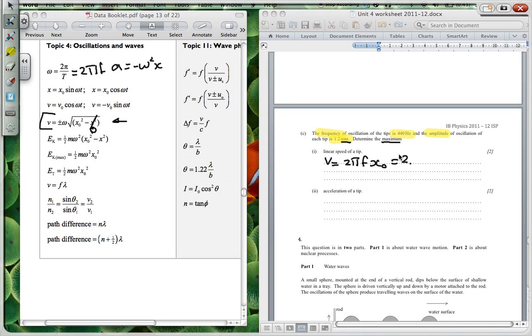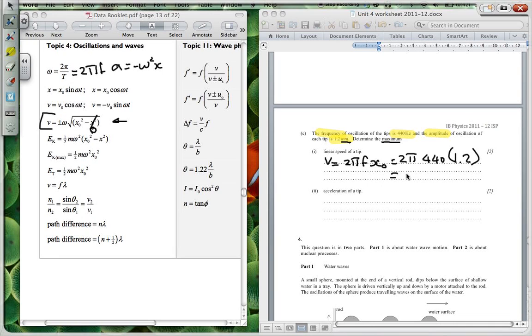I'm first going to do the 2 pi 440 times our x0, which is 1.2, and that will give us our result, and it works out to be 3.3 meters per second.